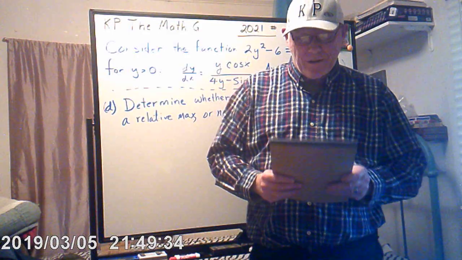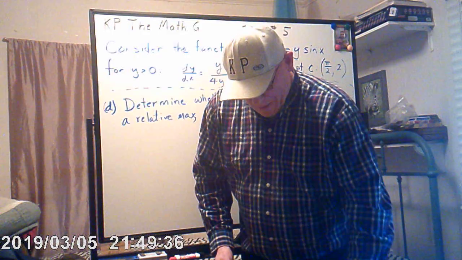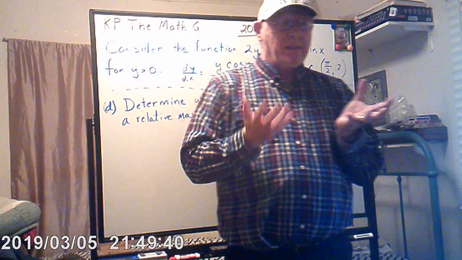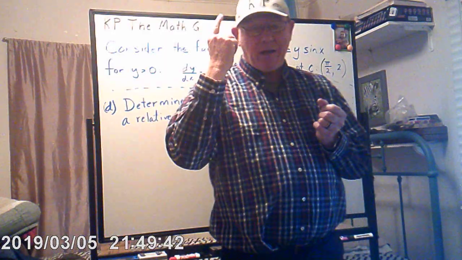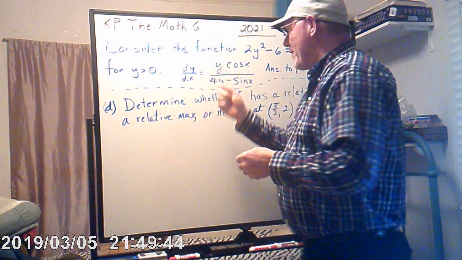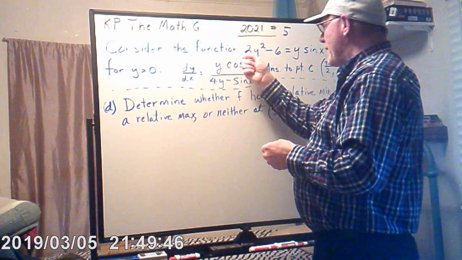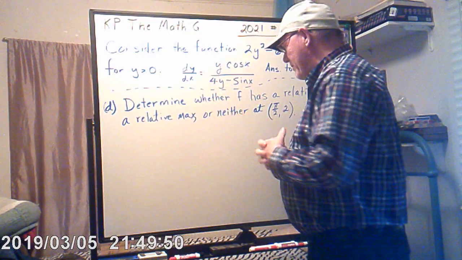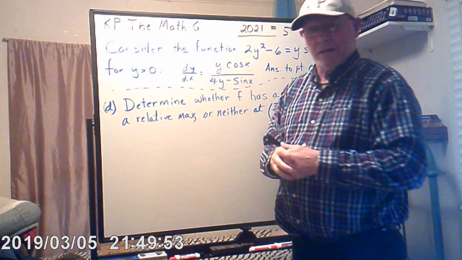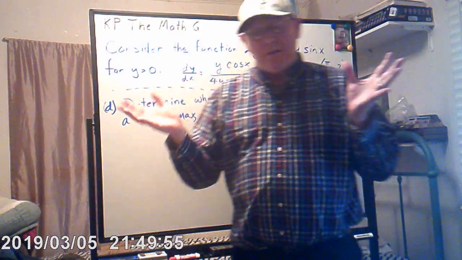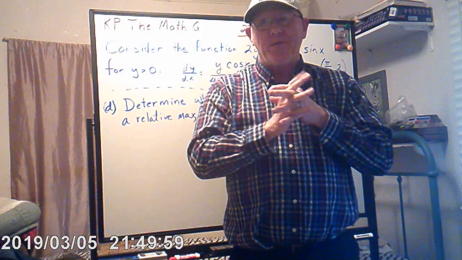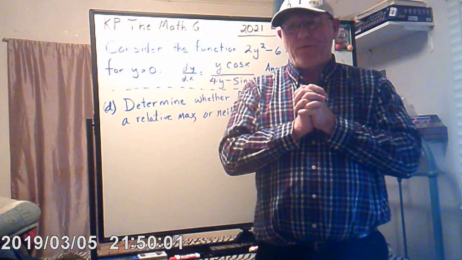Alright, so a relative max. You've got to go back to these derivatives. When you talk about taking the first derivative, and by the way, this is the first derivative right here of this function f, what kind of thing are you seeking in a first derivative?